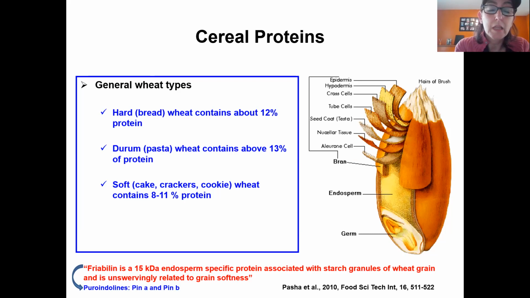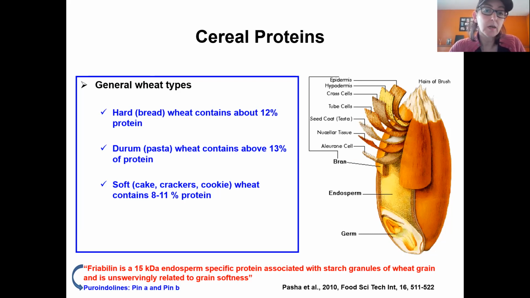The soft wheat contains less protein, but they also differ not only in the amount of protein, they also differ in their profile. That means the ratio of prolamin to high molecular weight prolamin, or in wheat specifically, the gliadin to glutenin ratio. Hard wheat has a higher amount of glutenins, and soft wheat has a higher amount of gliadin. So in soft wheat, the gliadin to glutenin ratio is lower than in hard wheat.